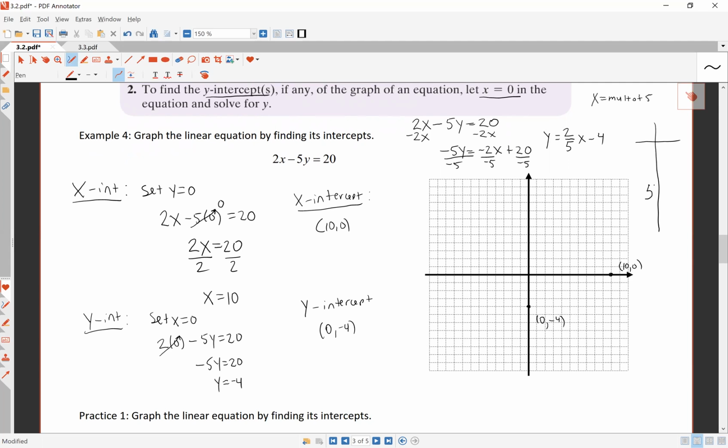Let's plug in 5, -5, and -10. 2/5 times -10 minus 4. 5 goes into -10 -2 times, and -2 times 2 is -4, minus 4 is -8. So at -10, it's at -8.